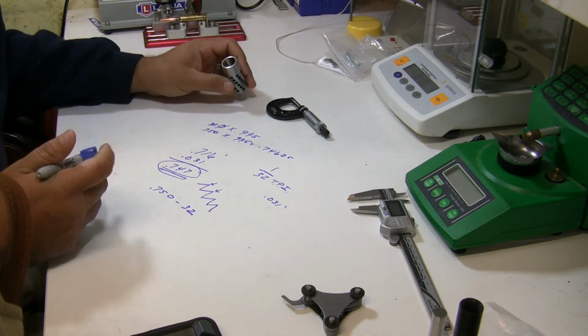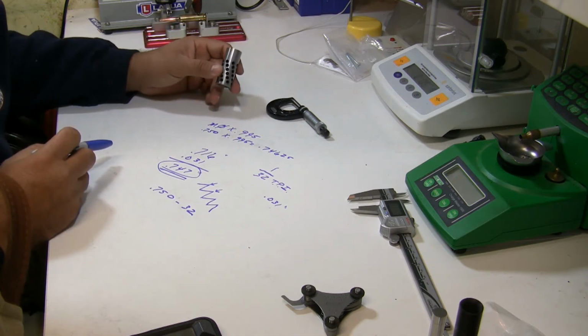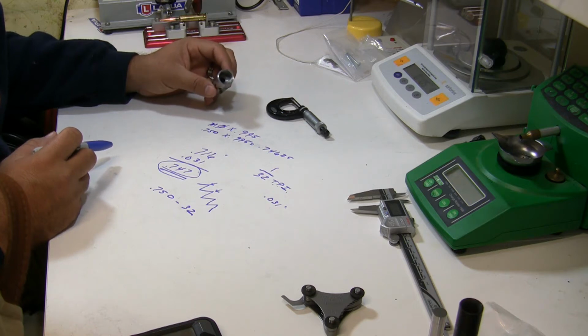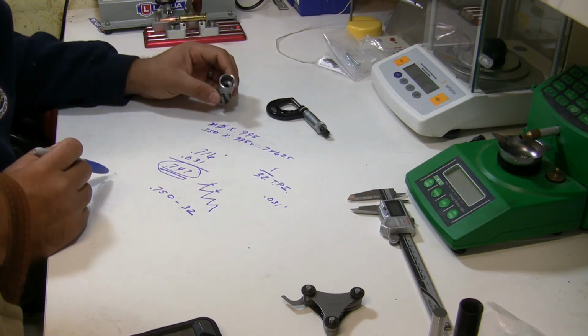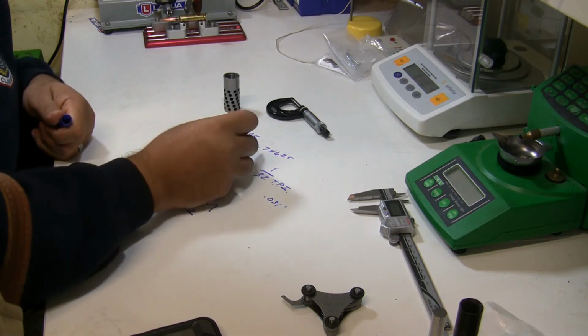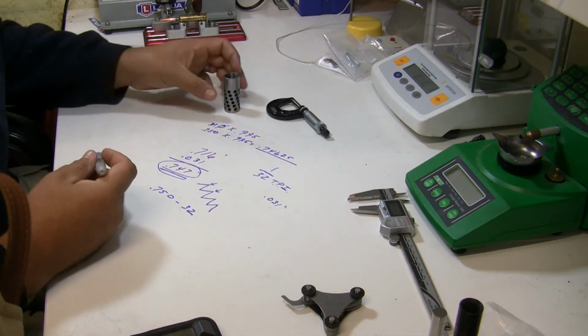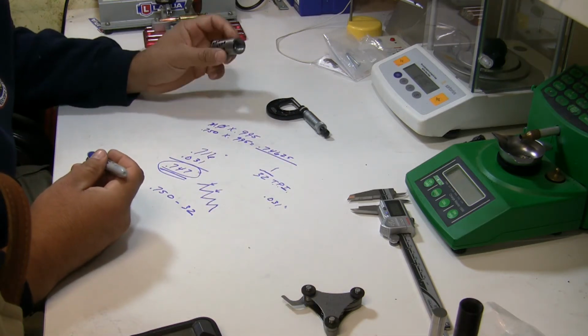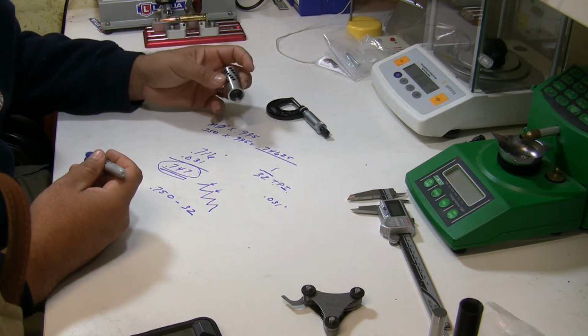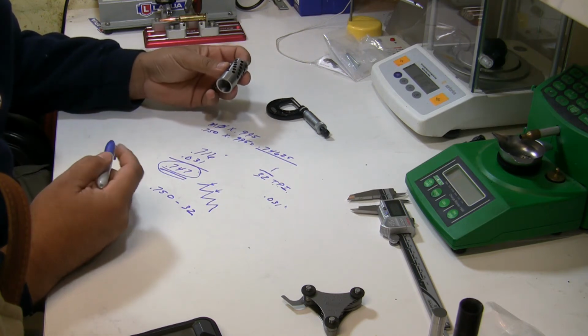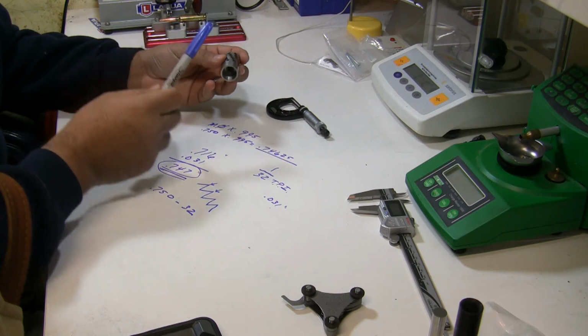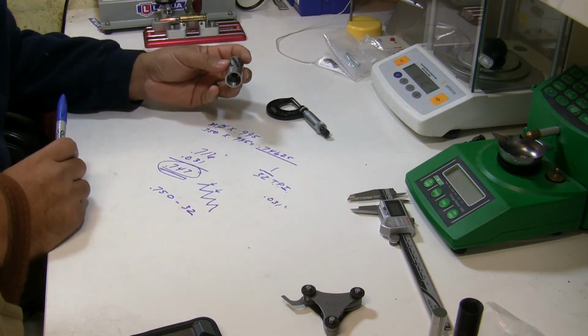So what I'm going to do is go to the lathe, turn a piece of metal down to 746 or 747, and then I will thread it until this one will thread on. That's going to give me the gauge for a perfect fit.